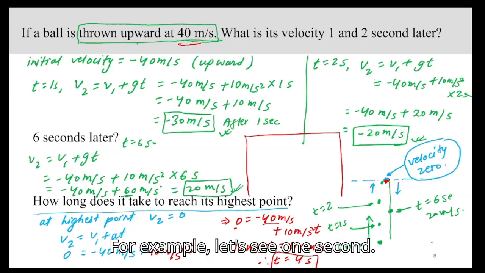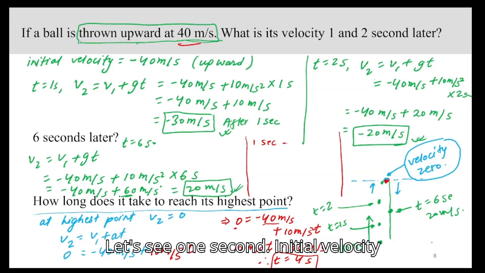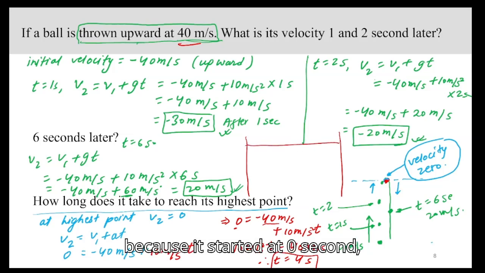For example, let's start with 0, because it started at 0 seconds, right? So at 0 seconds, or we can say at the initial position, it was minus 40 meters per second.